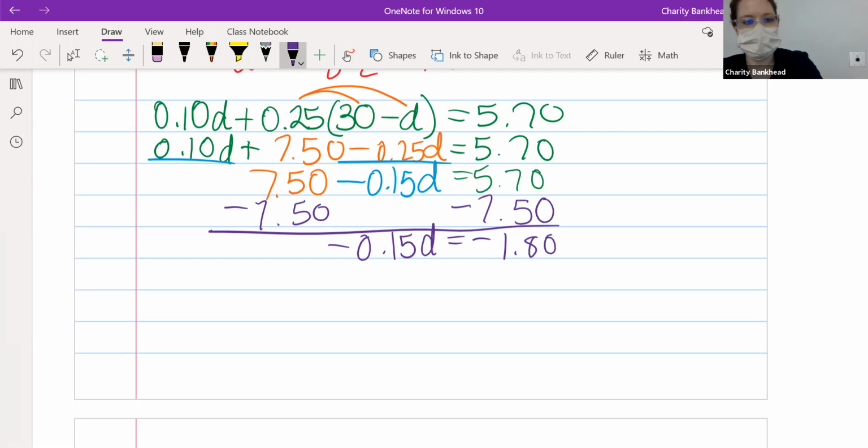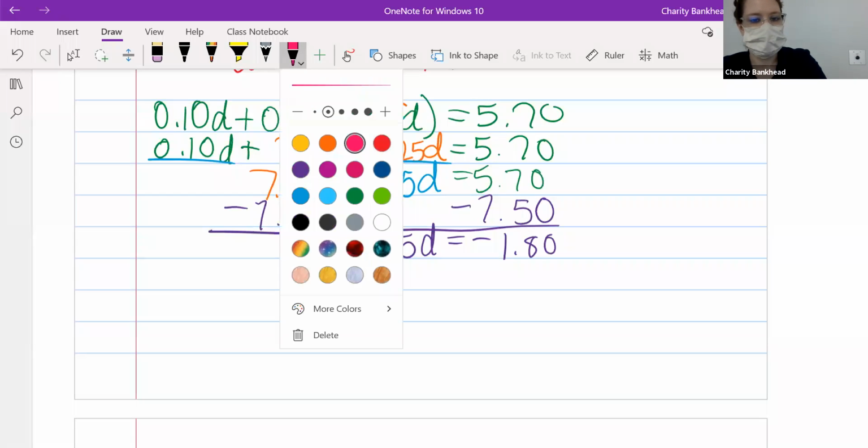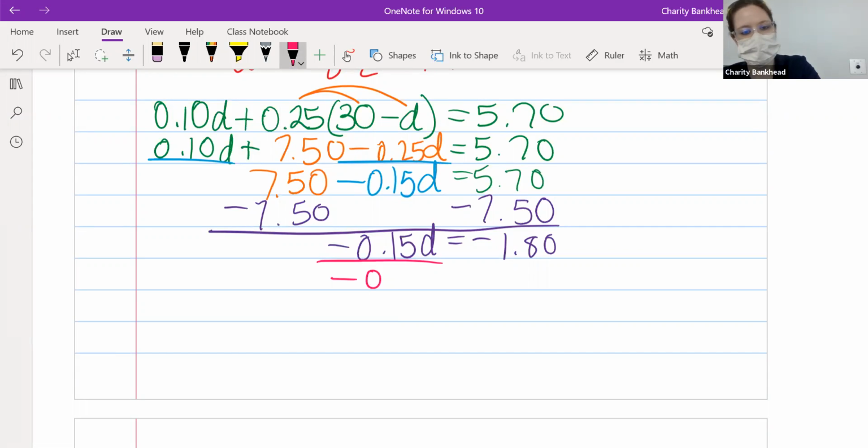And we just got to divide by negative 0.15.